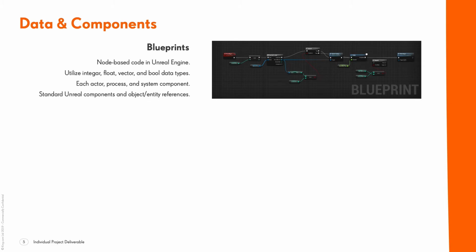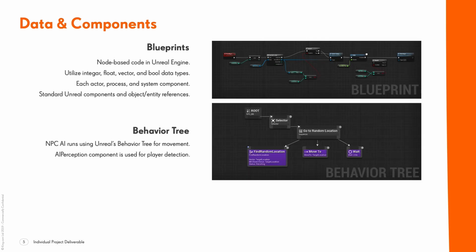Each actor, process, and system component uses its own blueprint. Here's an example on the right side, I believe that's the wave manager blueprint. Other than that, we're using standard Unreal components and object entity references to make this all happen. I'll dive deeper into that in the video, and next is the behavior tree.